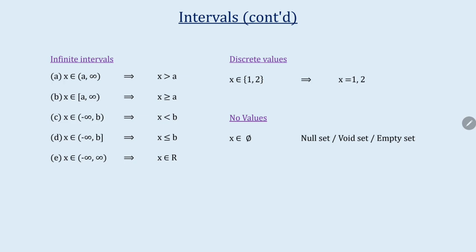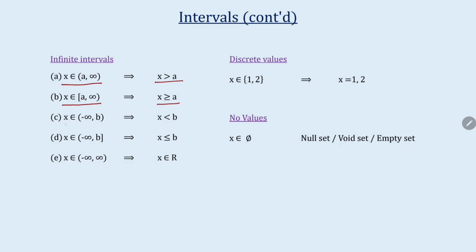In the continuation of the interval discussion, we have some types of interval like infinite intervals. If we write x which belongs to a to infinity, it means x is greater than a. X belongs to the closed interval a to infinity means x is greater than or equal to a.